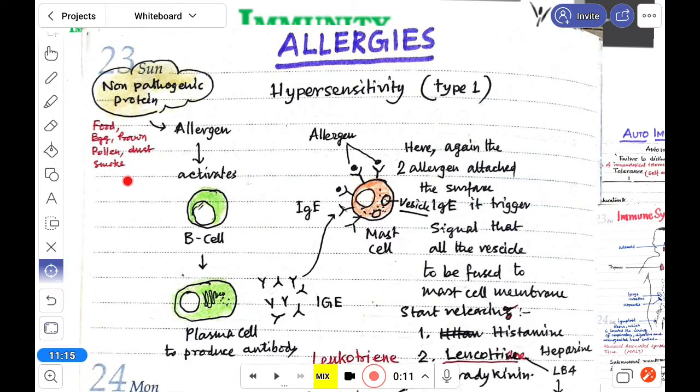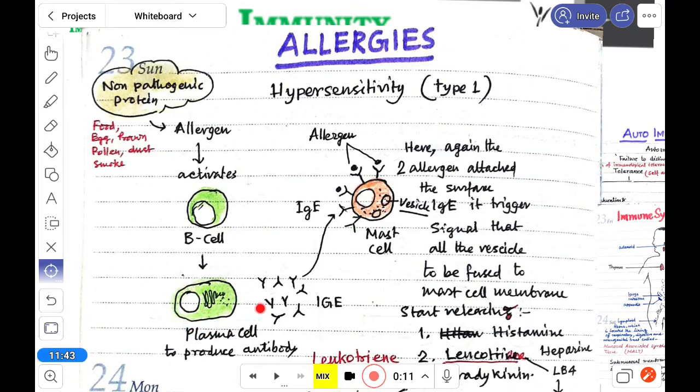Here is the allergen. It activates the B cells, our humoral system, and they start producing antibody without reaching the site. So it has that advantage and also a disadvantage. Sometimes it doesn't detect whether the antigen is a real antigen or not.